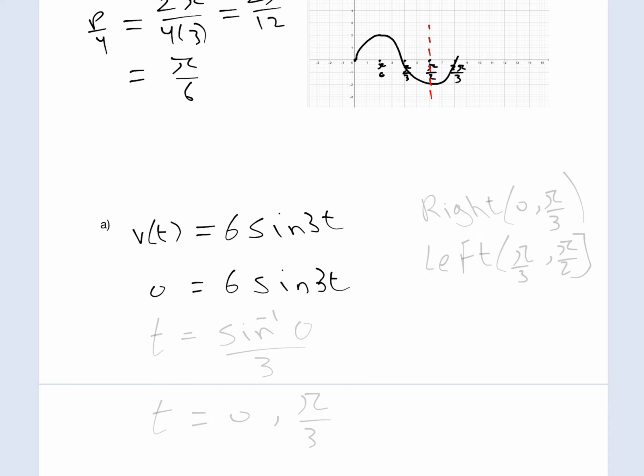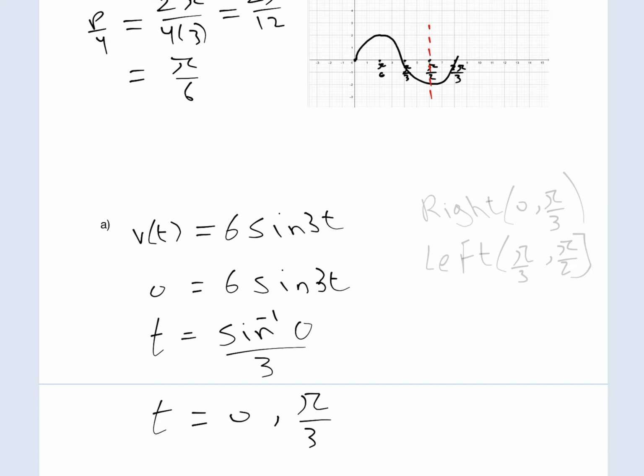Then solve for t: t equals sine inverse of 0, over 3. The particle will stop at t equal to 0 and pi over 3, which is true according to the graph I drew.